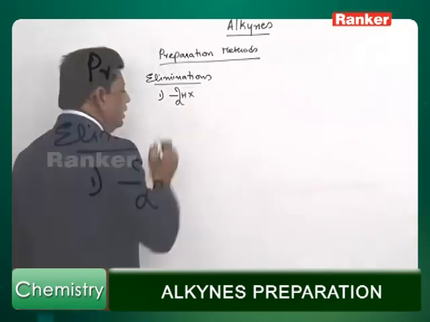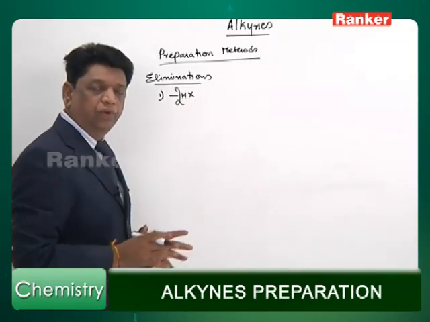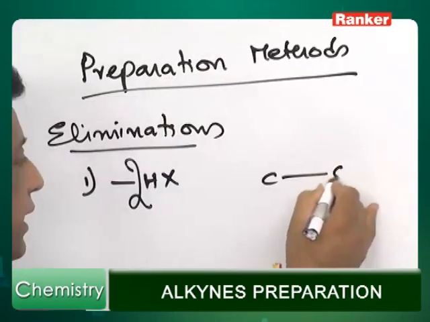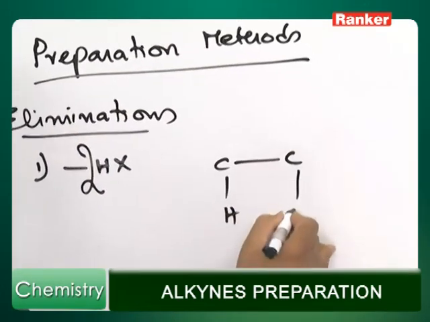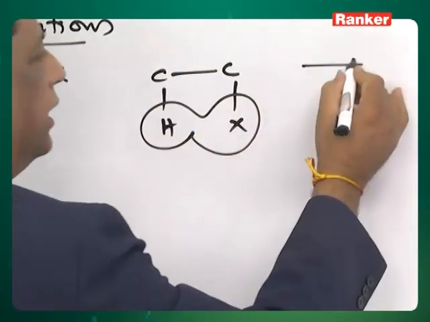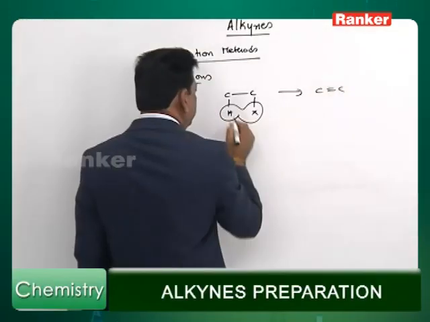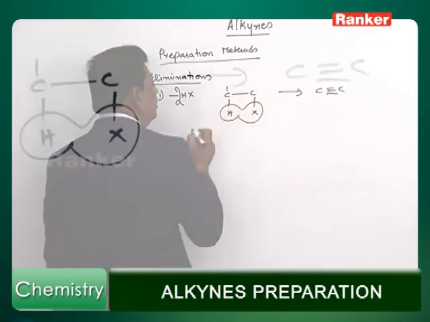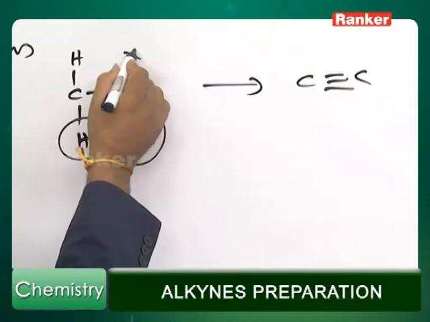However, 2 moles you have to remove. If you remove HX once, like for example 1 hydrogen and 1 halogen, you get double bond formation, right? But in order to get that 1 more pi bond, 2 pi bonds are there, so 1 more HX should be removed.